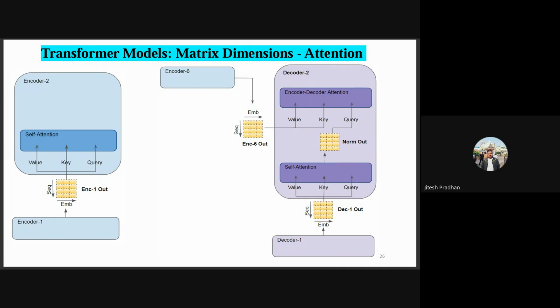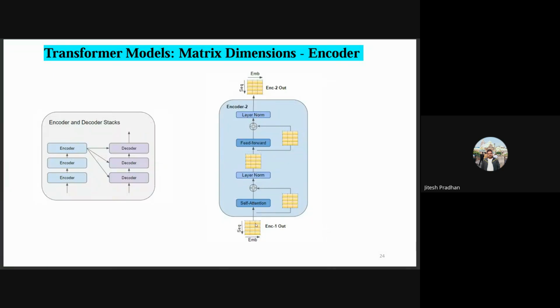Now let's see how the self attention actually works. So the encoder output will be generated. Look here at how it has been generated. Here it's the encoder 1 output. First it will be fed to the self attention, because in every encoder the starting point will be a self attention and the ending point will be a layer normalization.